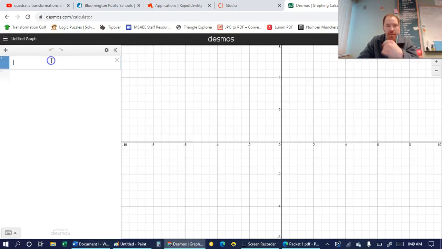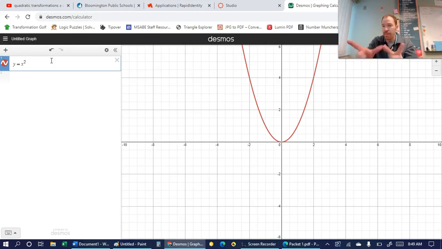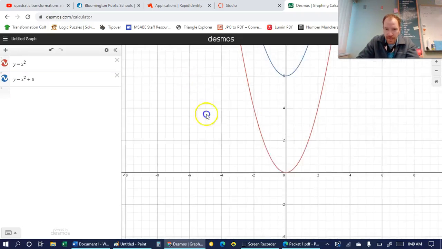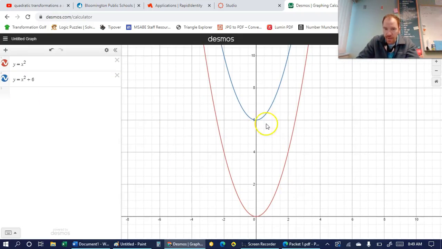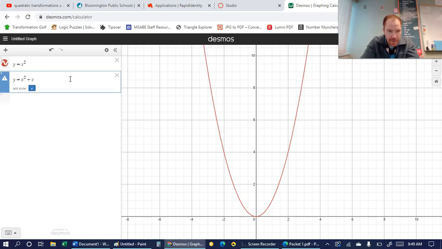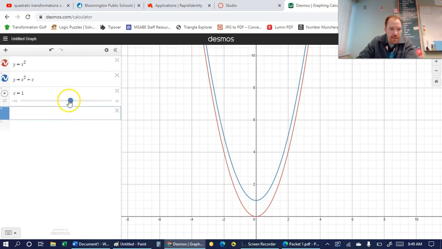I can type in y equals x squared. There's our parent function, the easiest parabola you can have. And then x squared plus 6. I have to scroll down a little bit, but there you go. Let's put in a slider here, and I'll put c as a slider.